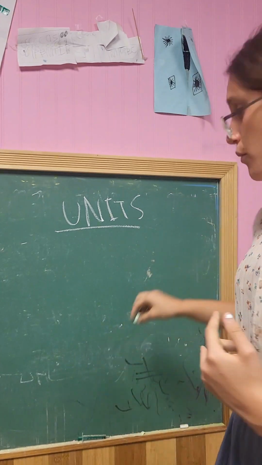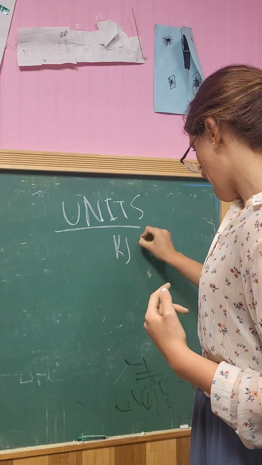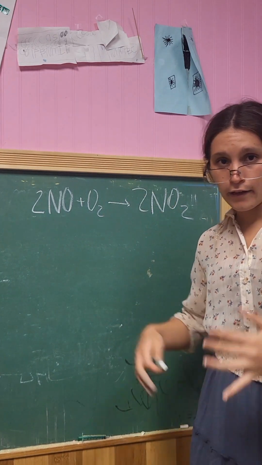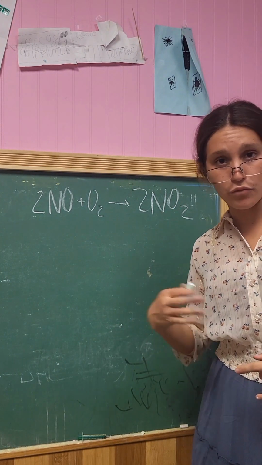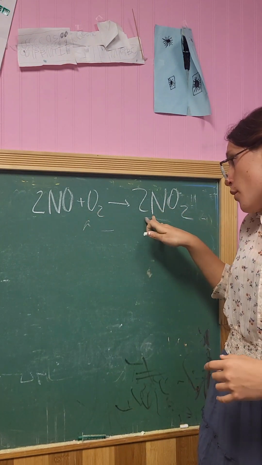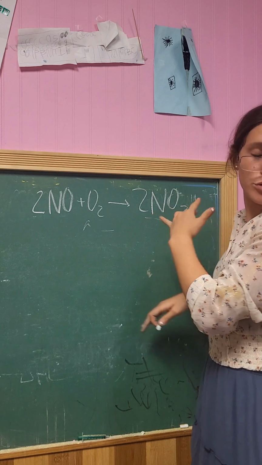Calculating our enthalpy, we are going to use kilojoules per mole in our answer. For our formula, enthalpy of products minus enthalpy of reactants. So this minus these reactants. First we're going to do our products.